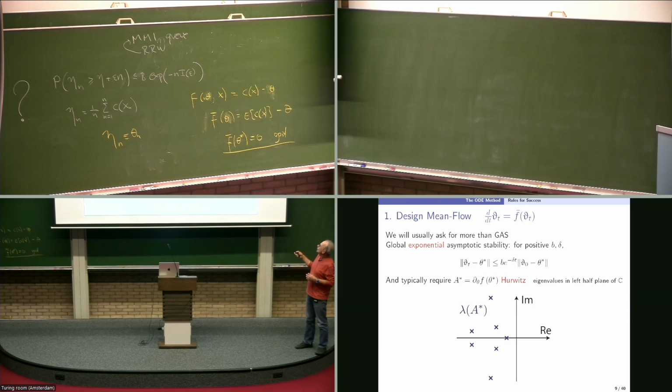And moreover, typically this implies it, but moreover, I want the linearization at theta star to be a Hurwitz matrix. And that always holds in every example I know in RL for which stability has been shown. Hurwitz means that the eigenvalues of this linearization are in the strict left half plane. It just means the linearization is stable.